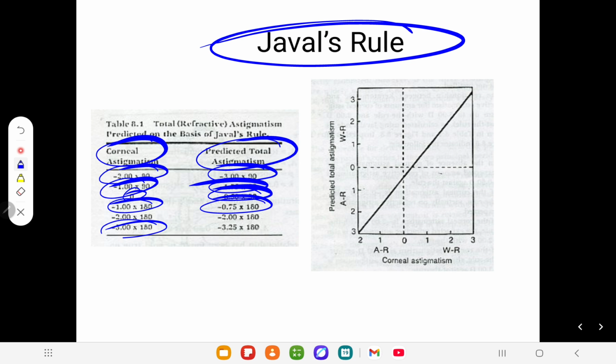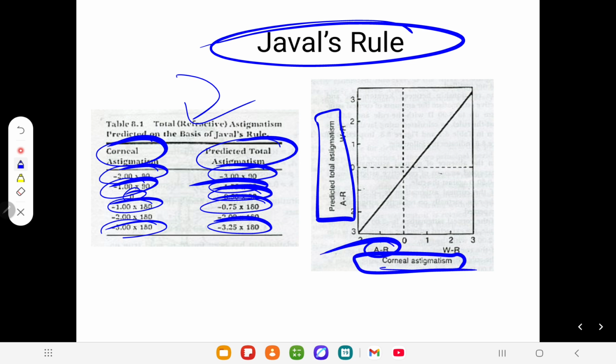Minus 3 at 180 degrees, it's 0.2. So this is the relationship between total refraction and corneal astigmatism. This side is against the rule from 0, this side is with the rule from 0, and if it is 0, then it is this. It's simple: it's against the rule astigmatism, it's with the rule astigmatism.